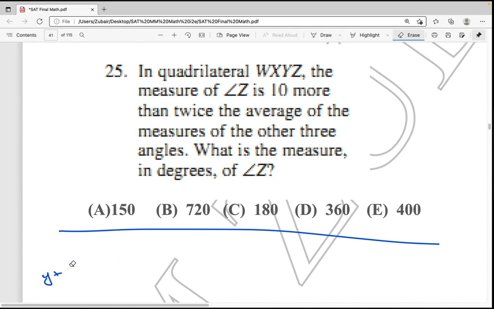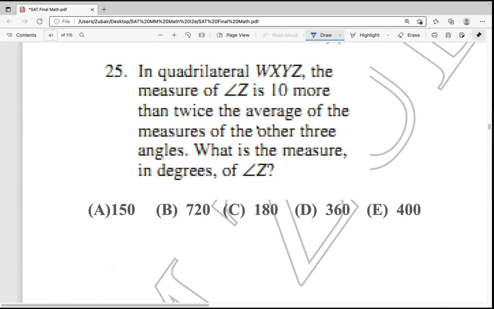So just start reading this question and start writing the equation: the quadrilateral WXYZ, and the measure of Z is 10 more than twice the average. So (W plus X plus Y) divided by 3, into 2, plus 10 is equal to Z. There are four unknowns, and this is one equation. You can't do that.